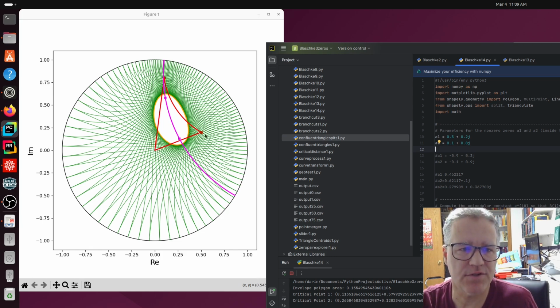So we have 0, and these 2 points. And then the red triangle, the hyperbolic triangle, is the convex hull. And the cyan squares are the critical points. And they lie within this hyperbolic ellipse, and they lie in the convex hull. So they lie in the intersection of this.